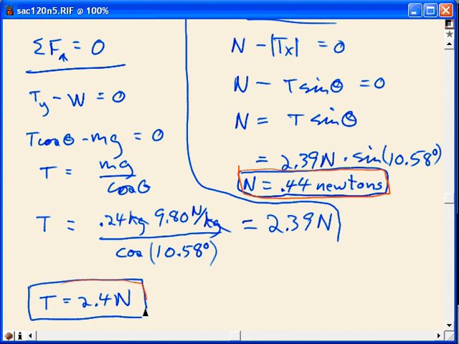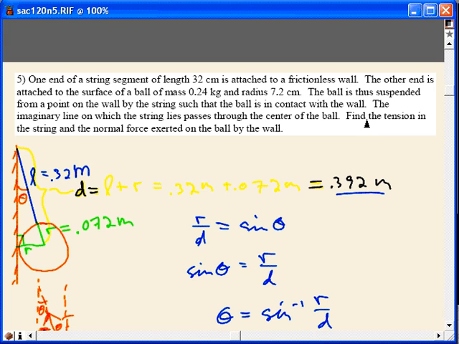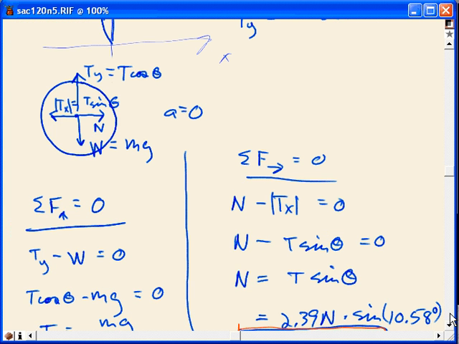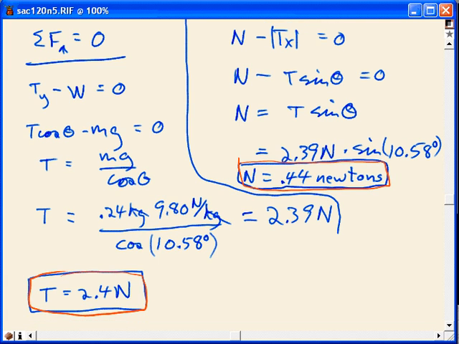I think that's all they were asking for. Let's make a quick check on the question there. Find the tension in the string and the normal force exerted on the ball by the wall. I'm thinking I should specify direction.